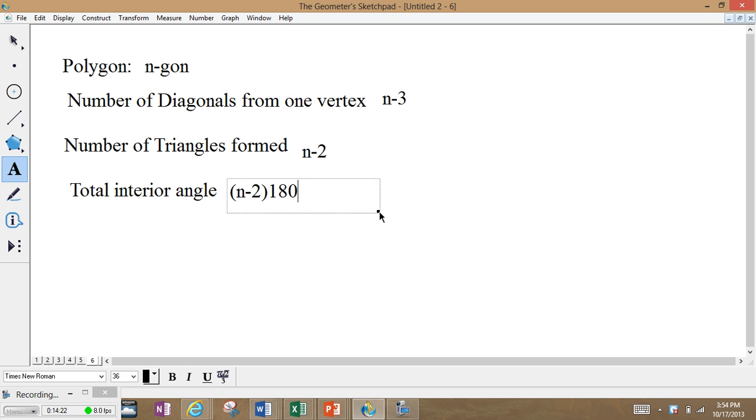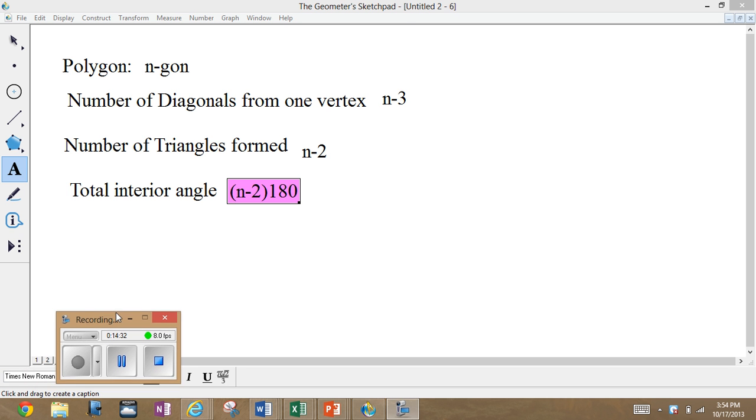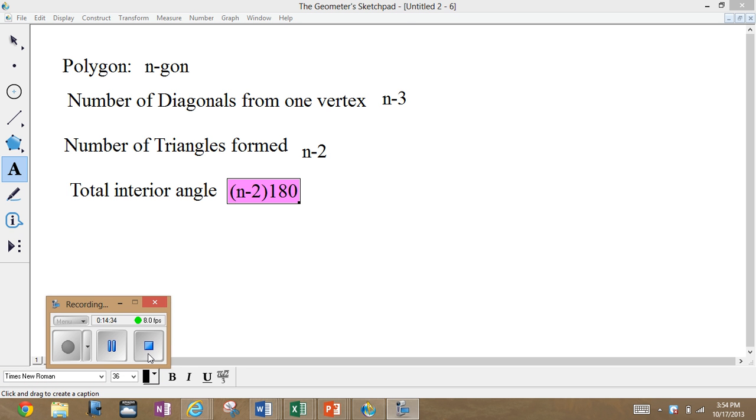That is what we're trying to do: develop how we can find the total interior angle for any polygon. If you need to, watch this again, and hopefully it proved helpful.